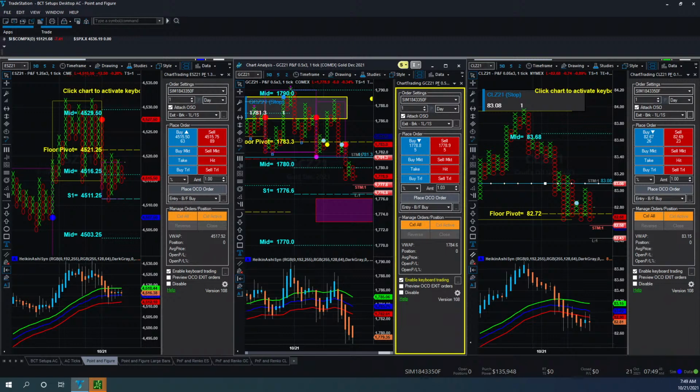That was the entry. Okay, gold is bouncing, but it's gonna keep in the range. We'll see.